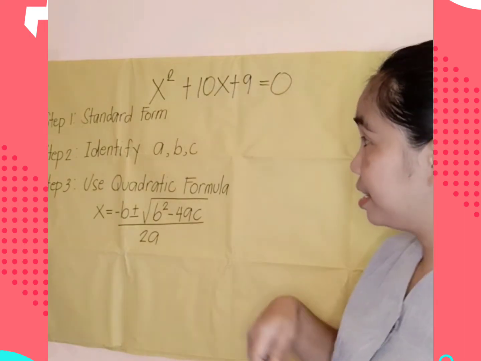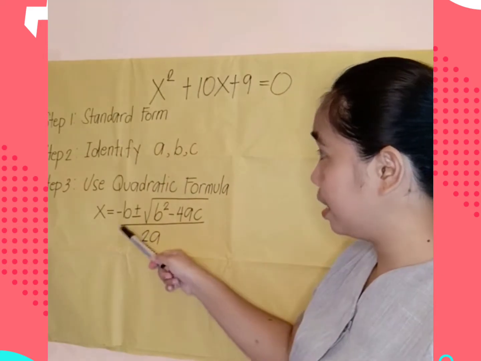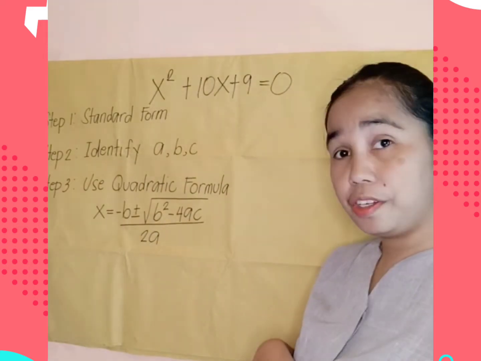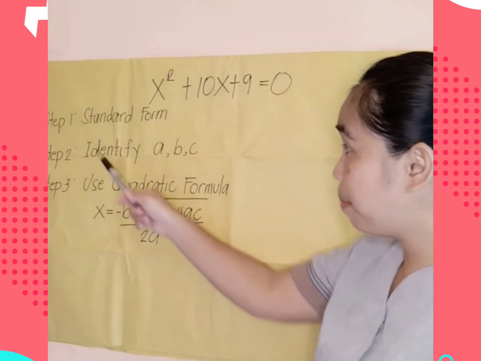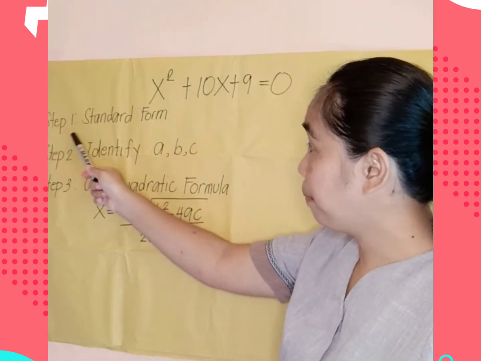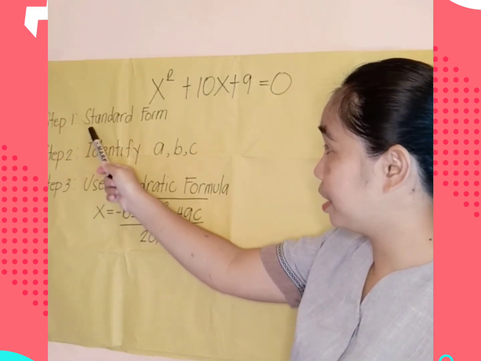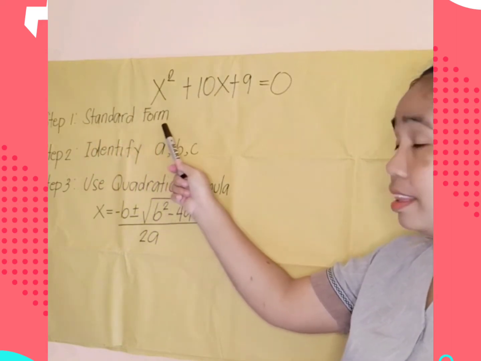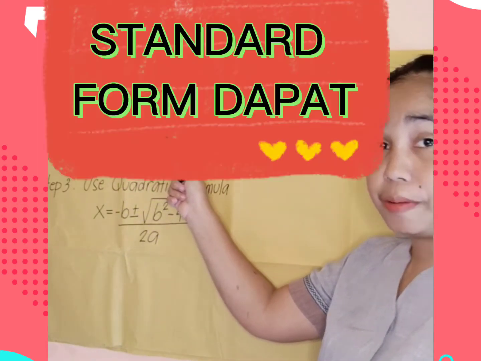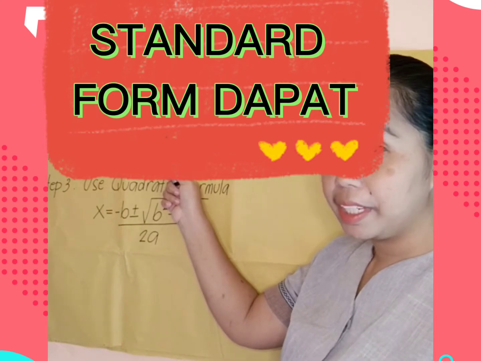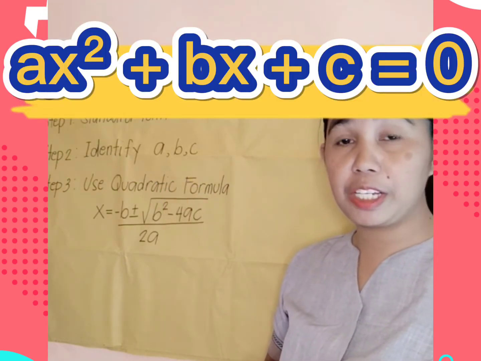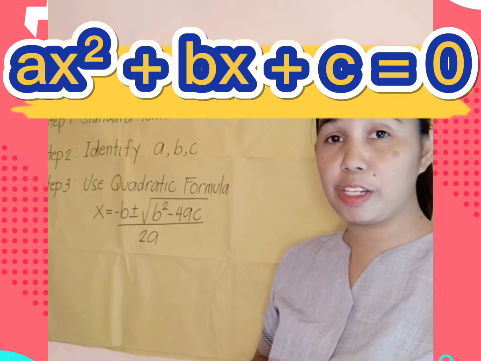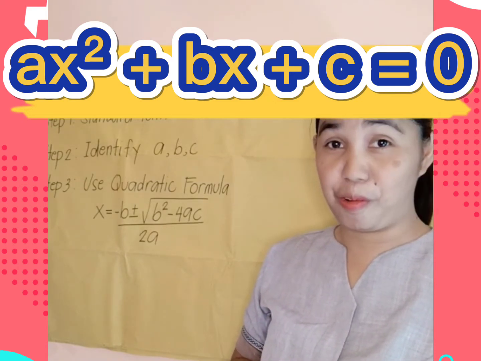Alright. So these are the steps in solving quadratic equations using the quadratic formula. Step 1, make sure that your equation is already in its standard form. So when you say standard form, it should be in the form ax squared plus bx plus c equals 0.